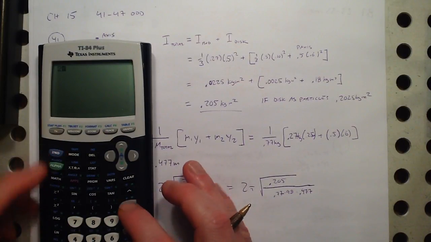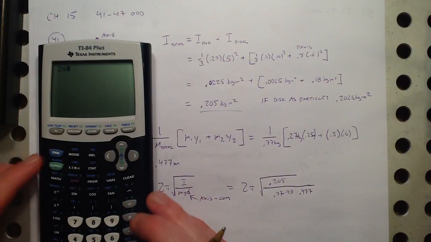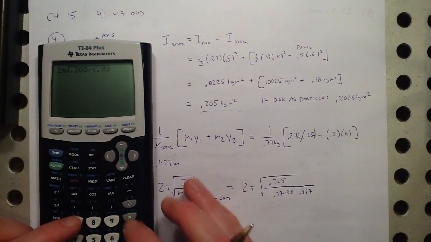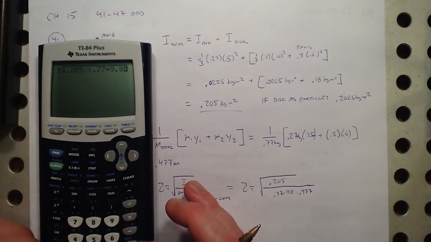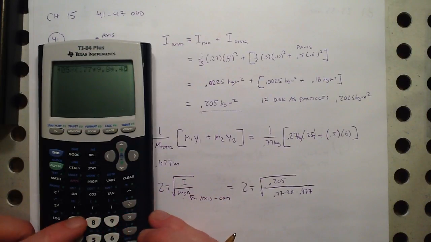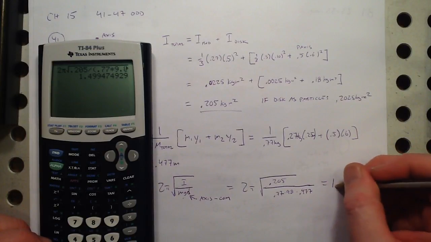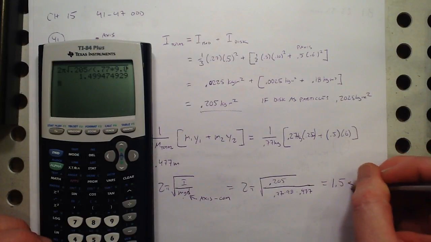It's 2 pi times the square root of 0.205 over 0.77 times 9.8 times 0.477 is 1.5 seconds.